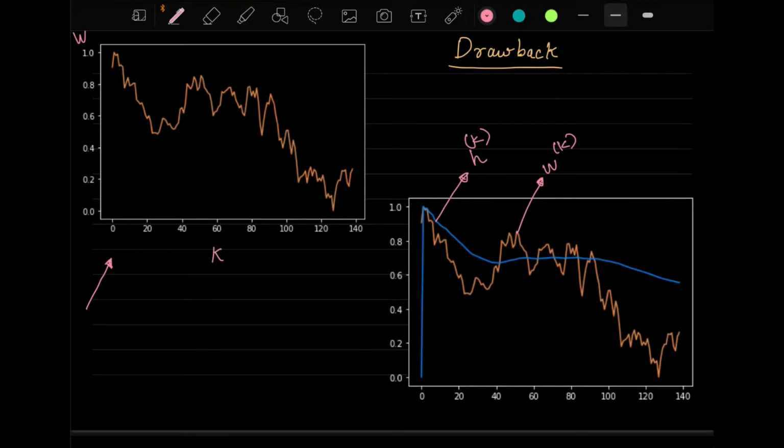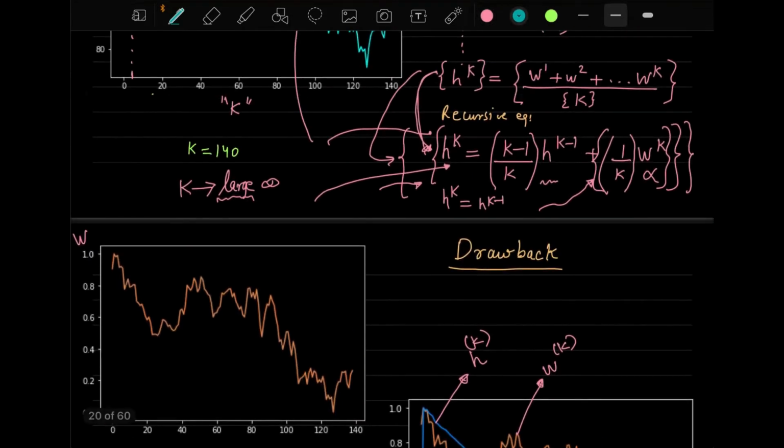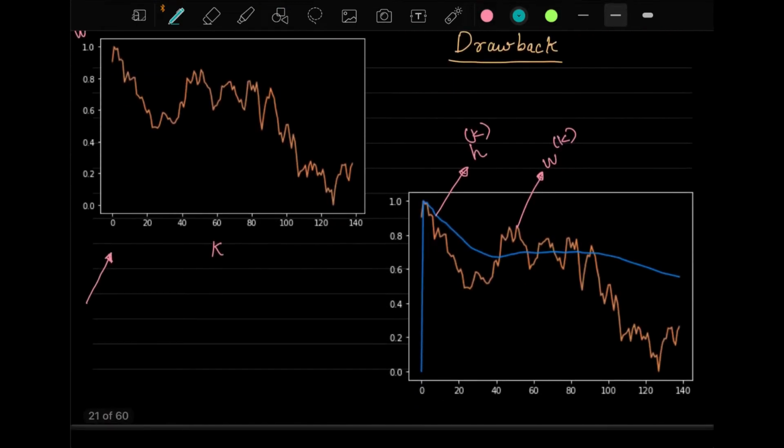So now you observe one thing here: when your k is small, then both these terms will be effective, like this one and this one. So you can see you have a good smoothing going on in the smaller regions of k.